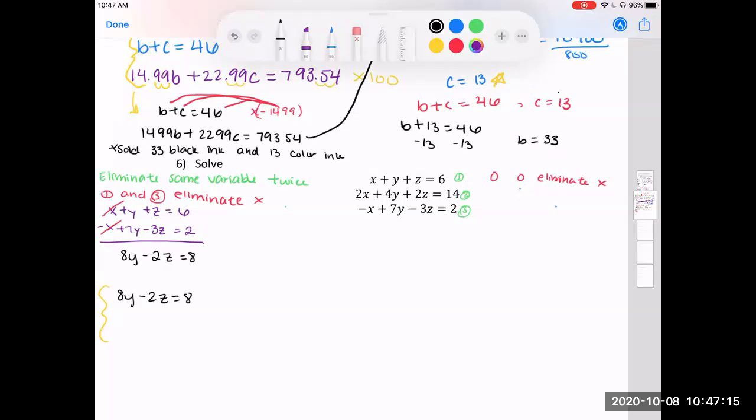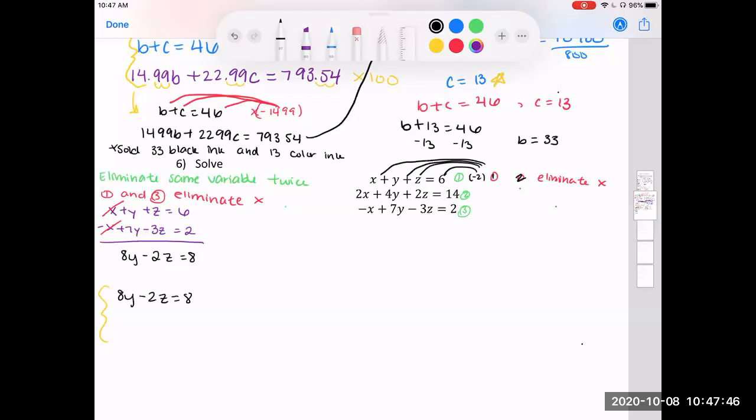Now I want to eliminate x again, and I want to use two equations. I can't use 1 and 3, but I can use any other two equation combo. So how about 2 and 1? Or maybe 2 and 3? Doesn't matter. Let's go with 1 and 2. Now I need to multiply equation 1 by a negative 2 so that my x's add to be 0.